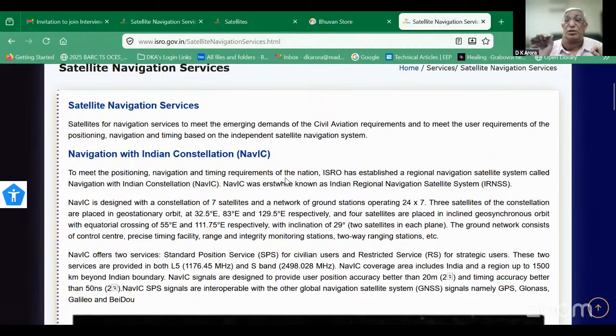The bands in which these services are available are L5, that is 1176 megahertz, and S band, that is 2498 megahertz, which means 2.5 gigahertz. And the L5 band, 1.176, probably falls in the UHF range, right?